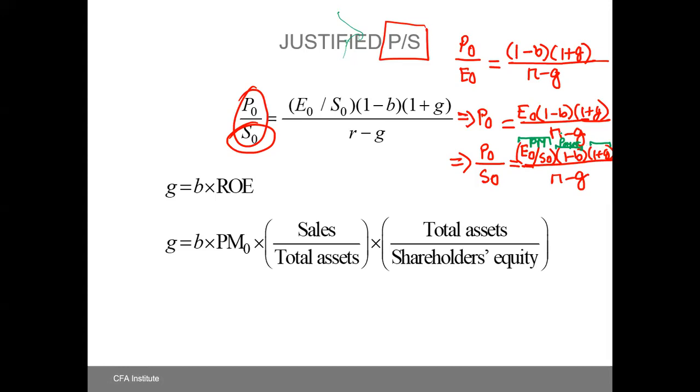Other things remaining the same, the justified price to sales of a firm is likely to go up for a higher profit margin, or for a higher payout, or for a higher growth rate. Is it self-explanatory from the ratio, from the numerator?